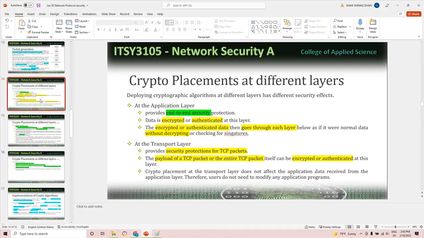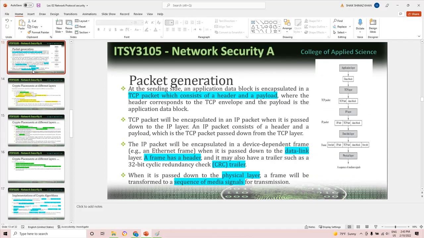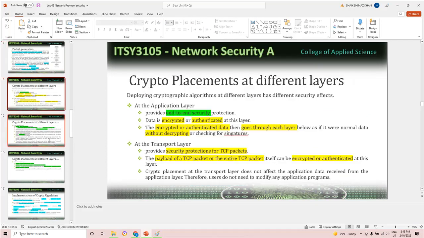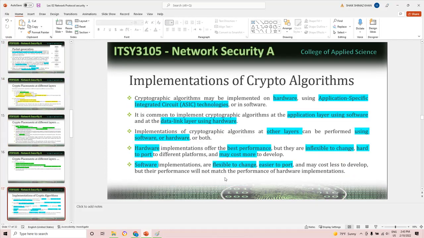But software is flexible for any change. We can change and update it, and also we can implement it on different hardware in different systems: mobile, laptop, desktop, servers, any device. And the cost is also less.